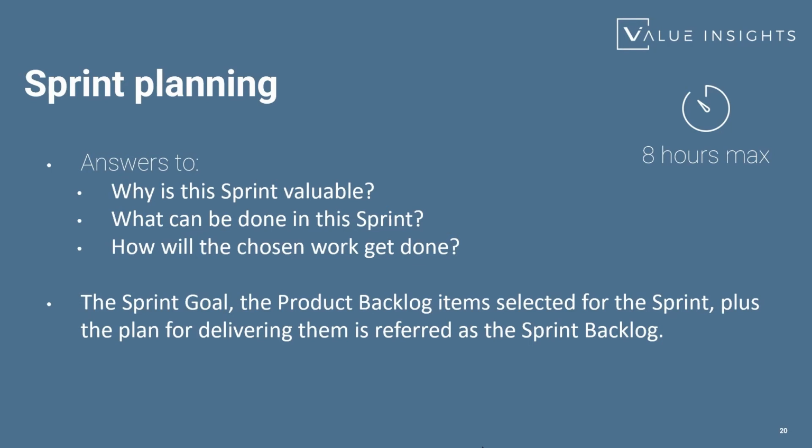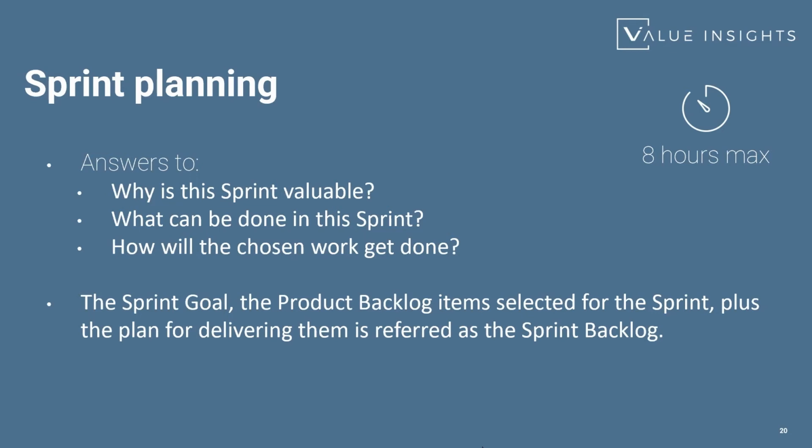So a usual way of running the sprint planning would be the Scrum team meets together. The product owner will present a list of the product backlog items that he or she would like the team to take during the sprint planning. The developers have the possibility to ask questions and negotiate the scope, because there could be maybe some items which they think are not feasible for this sprint, or maybe they believe that other items are more important and will need to be inserted inside the sprint.